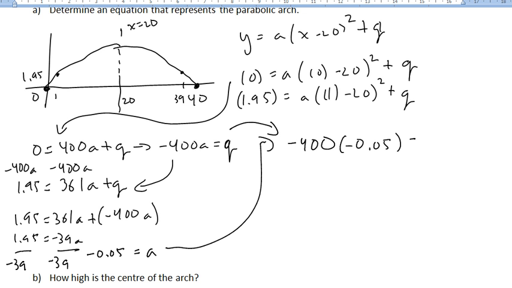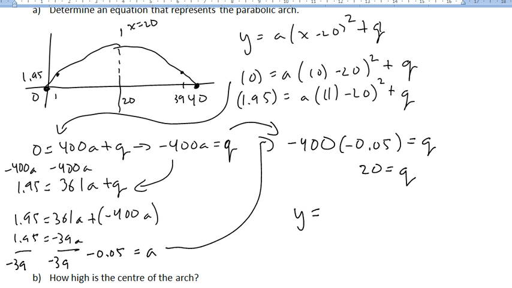So we've got a equals negative 0.05. Multiply that by 400, and we get q equals 20.